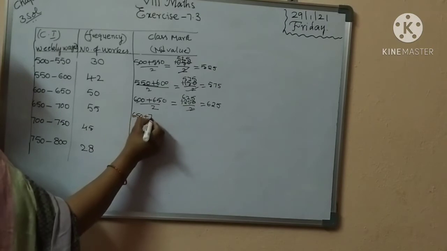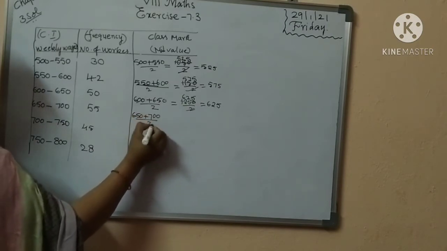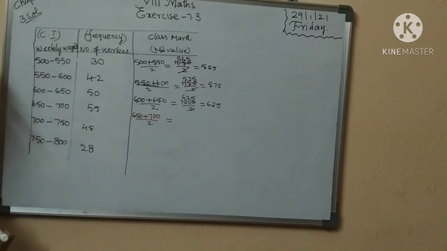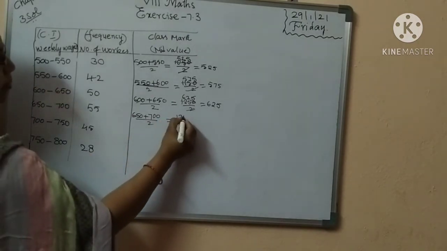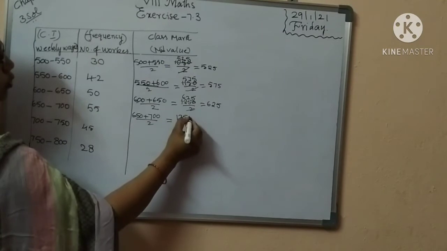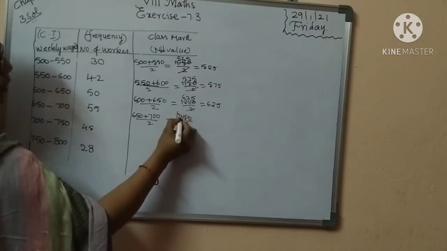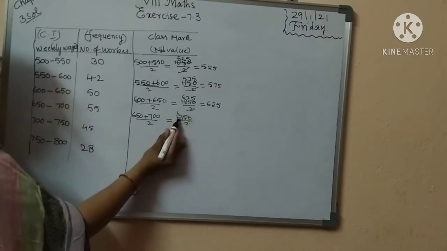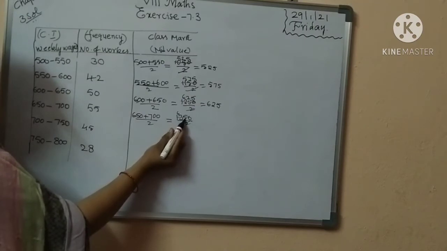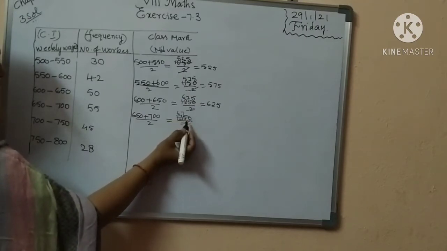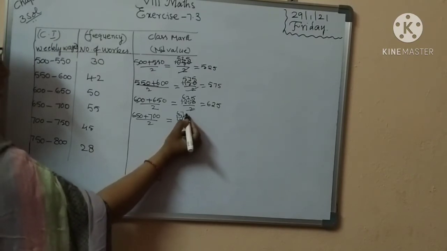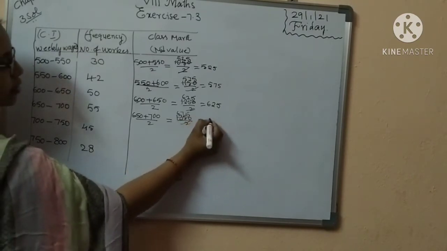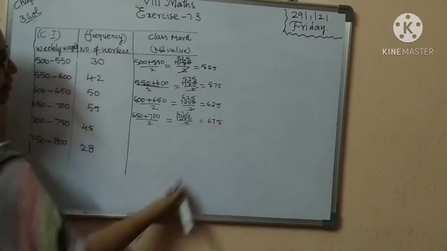Next, 650 plus 700 by 2. 650 plus 700 is 1350, by 2. 6 2s are 12, 13 minus 12 is 1, 1 5 is 15, 7 2s are 14, 15 minus 14 is 1, 1 0 is 10, 5 2s are 10. So 675.